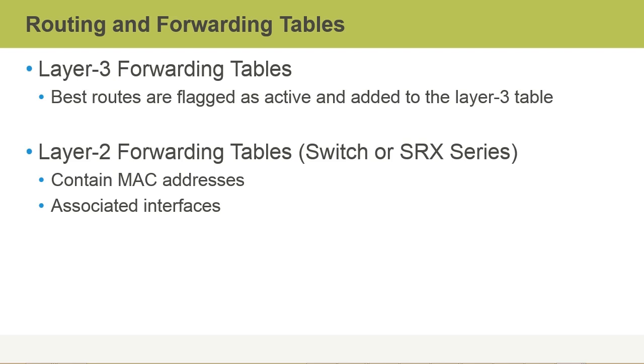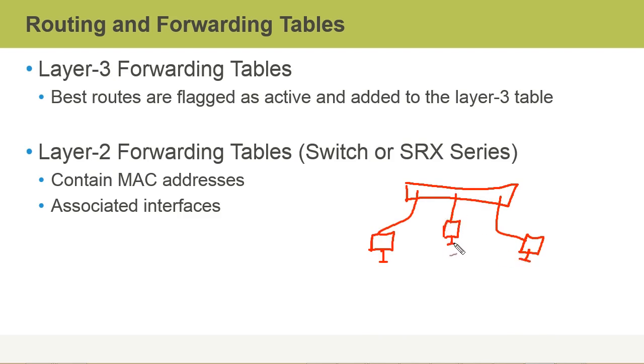So the way this works is, let's draw a little picture here. The idea is that you'll have your layer 2 device, like a switch. That switch will have a number of systems connected to it. Let's say we have 3 systems connected to it.